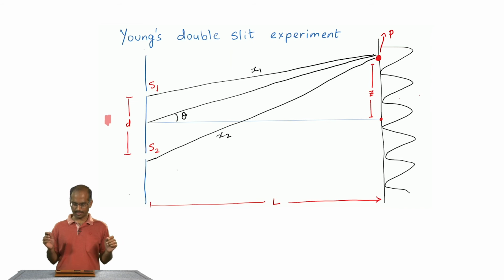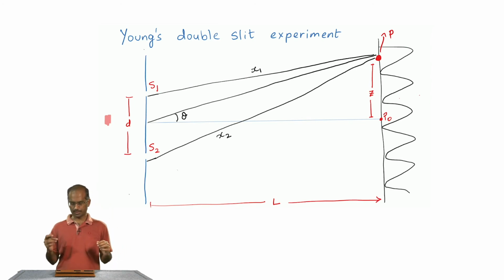The distance between the double slit and the screen at the far end is capital L, and of course, S1 and S2 are separated by distance d, and from this point here, which I will call P0, to point P is a distance of z.